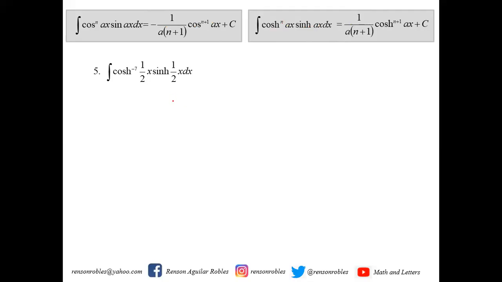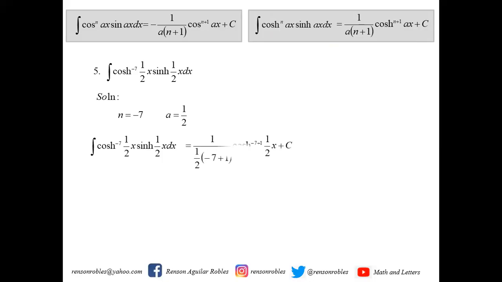So we have, you know here that n is equal to negative 7 and a is equal to 1/2. And then that can now be written as 1 all over 1/2. This is your a, and this is your n plus 1. So that's negative 7 plus 1 times cosh raised to negative 7 plus 1, then you just copy the parameter 1/2 of x, and then you just simplify this.